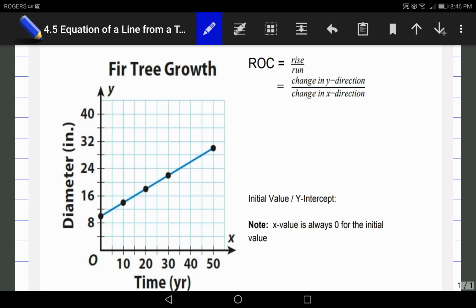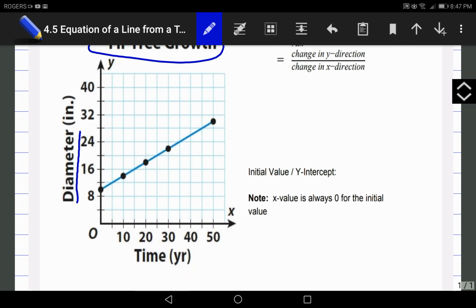Okay, so let's start just as we did last lesson. Let's start by analyzing the graph here. So we have fir tree growth, how much a tree is growing. So we're going to be measuring its diameter after so many years. So 10, 20, 30, 40, 50 years.